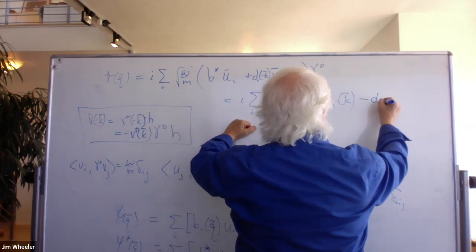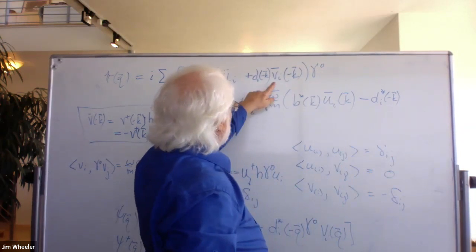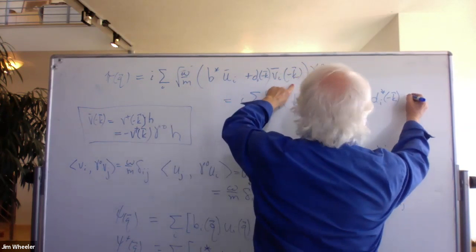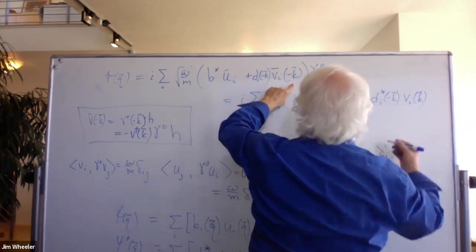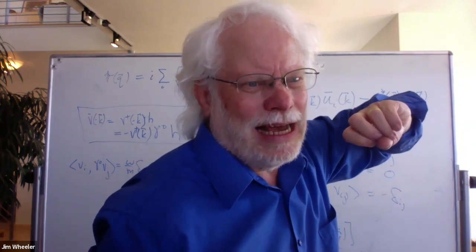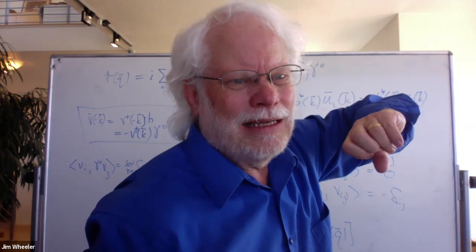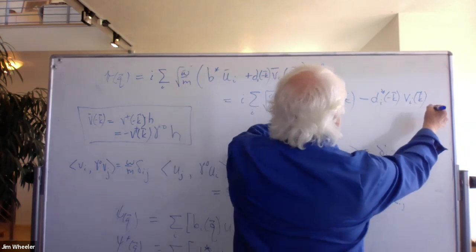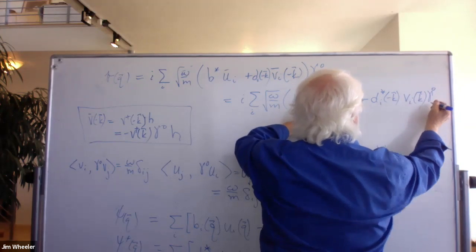So we're going to still have D I conjugate of minus K, but now this is going to be V of plus K. And now let's sort out the H's and gamma 0s. So what's going to happen is we have the V dagger, and in order to change it to plus K, we need a gamma 0.